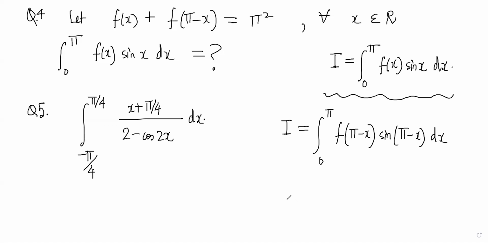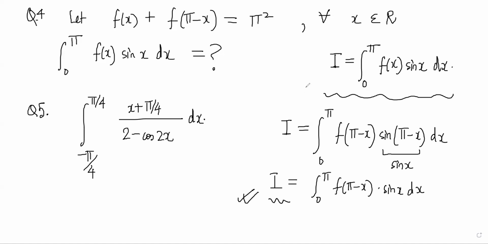So now notice that because we know trigonometry, sine pi minus x is same as sine x, right? Yes, sir. And now it is becoming 0 to pi f of pi minus x times sine x, right? Correct. Yes, sir. So this is also the same value I, right? And this was also I, right? Both of them are same thing actually, right? Yeah, we can add them.